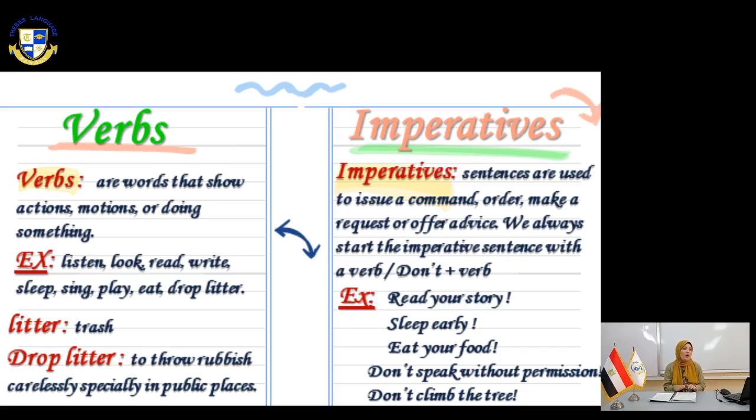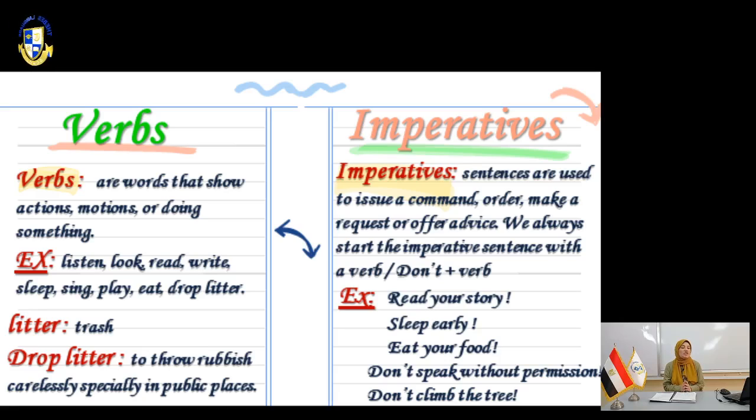Now, we are going to know what is a verb. We said before that the noun is the name of something or someone or some place, something like the table, the chair, someone like dad, mom, doctor, a place like the school and the house. But the verb is a word that shows an action or motion or doing, or tells us that someone is doing something.